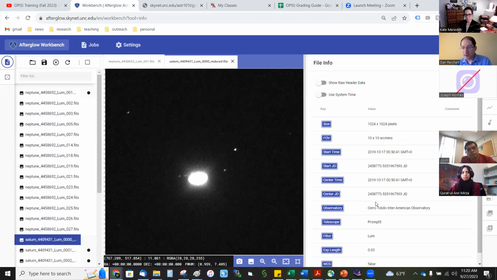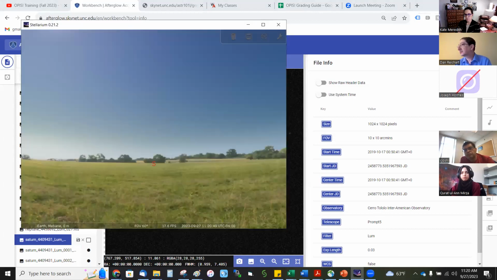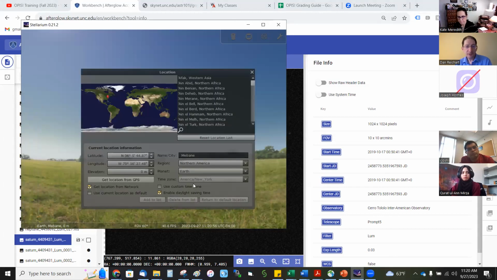Anyway, let's see. This one occurred. Let me bring up Stellarium. Where is it? It's behind you. Here it is. So just in lab 1, we're going to want to put this in universal time.